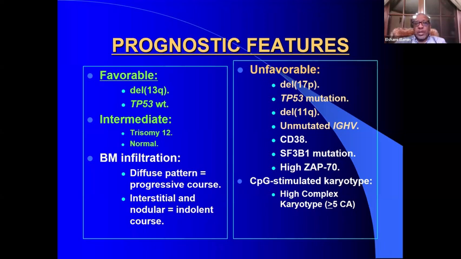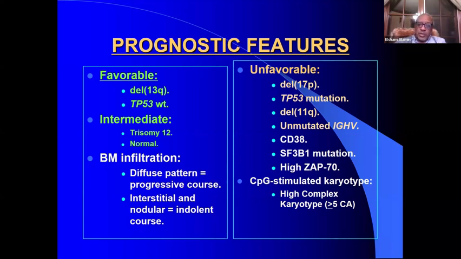Unmutated IGHV is not good, mutated is good. So remember, unmutated is bad, mutated is good, or indolent. And remember, the IGHV does not change. If it's present, it doesn't change at relapse. But for others, if the deletion 17p or deletion 11q are not present at time of diagnosis, it may change at time of relapse.